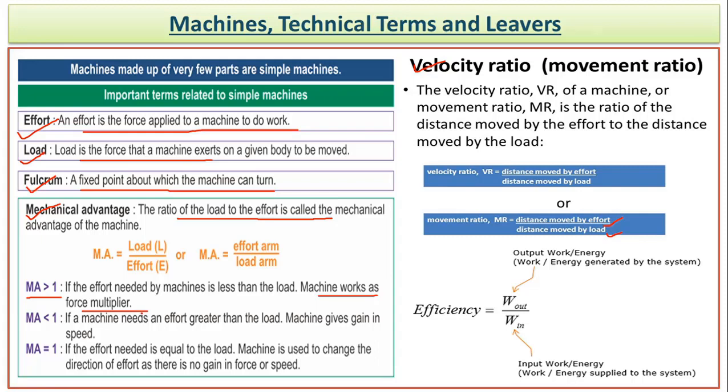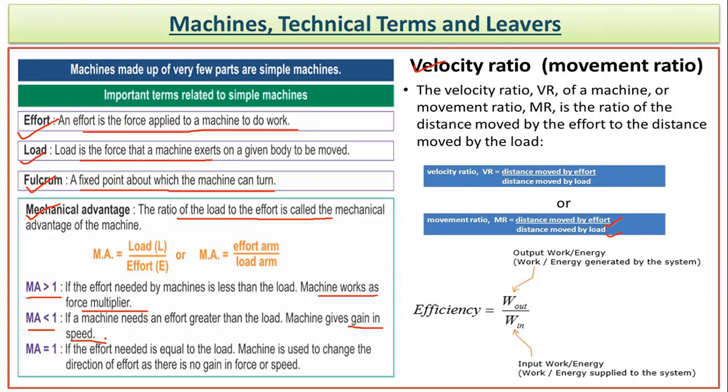Whereas, if the mechanical advantage or velocity ratio gets less than 1, then we observe that the machine gains in speed. You can say that the displacement of load is greater than the displacement of effort.